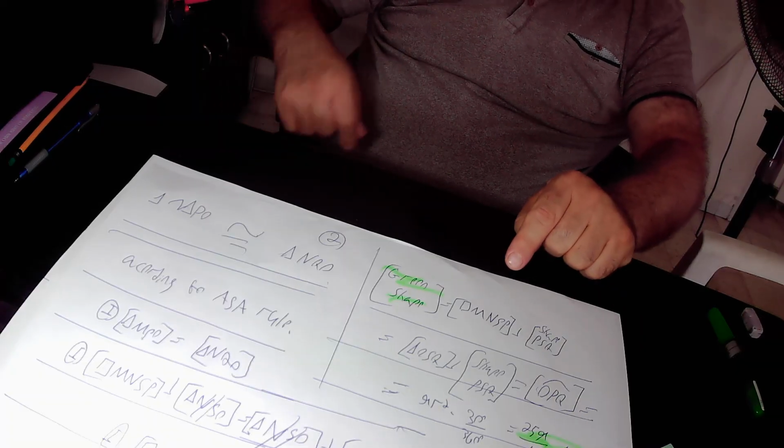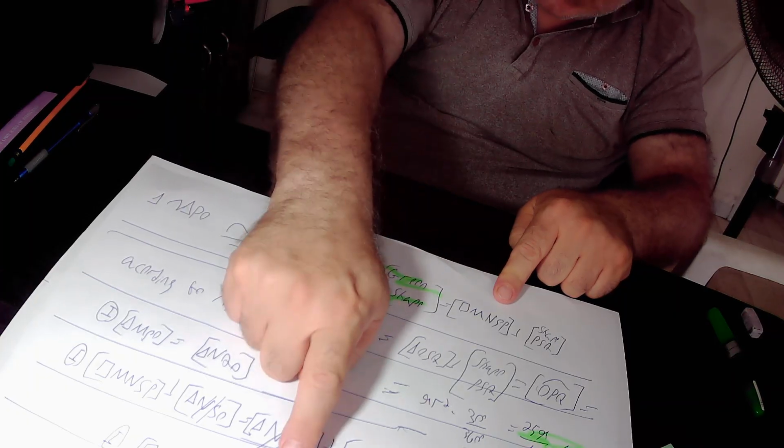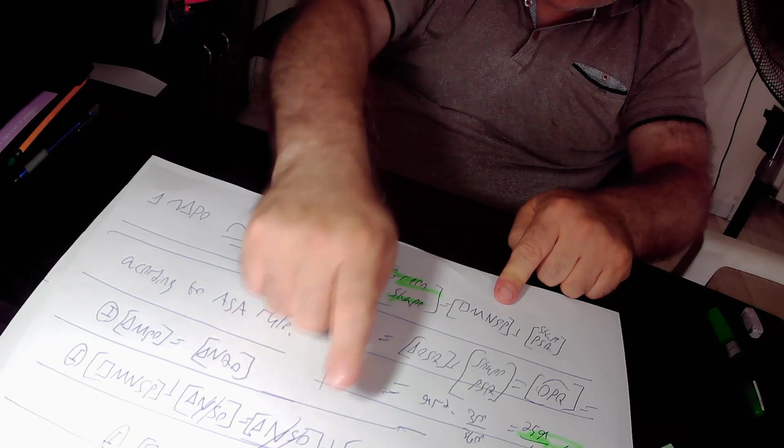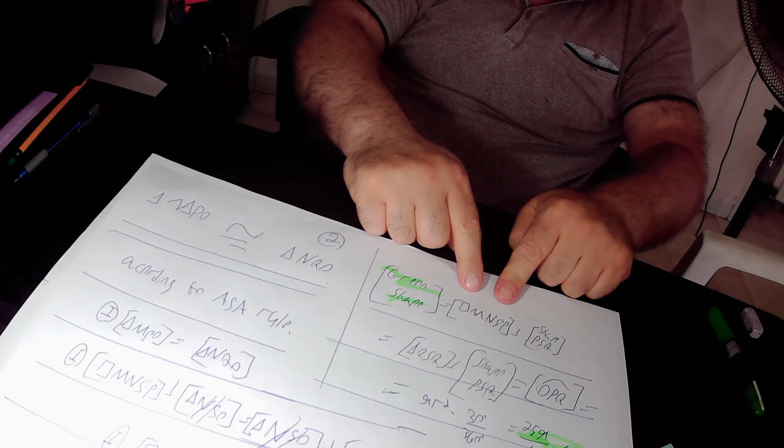But we have already found out that the area of quadrilateral MNSP is equal to the area of triangle OSQ. Therefore, we can substitute the area of quadrilateral MNSP by the area of triangle OSQ.